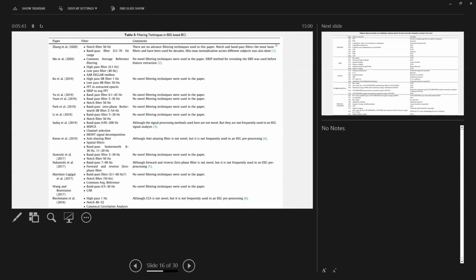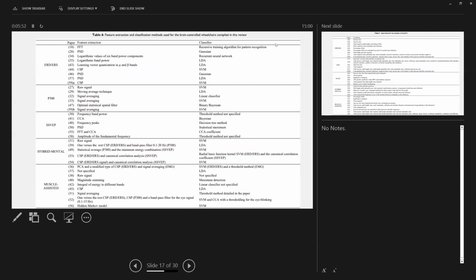These are the research papers based on the filtering techniques used for the features. As we can see, most of the papers are based on PSD for the power spectral distribution and the FFT for the feature extraction.